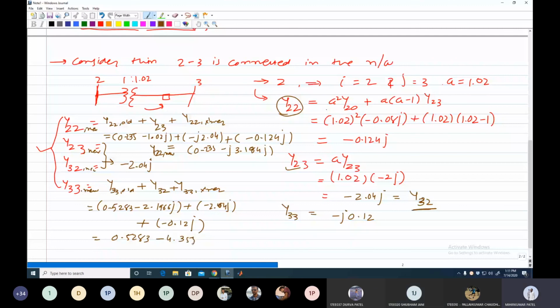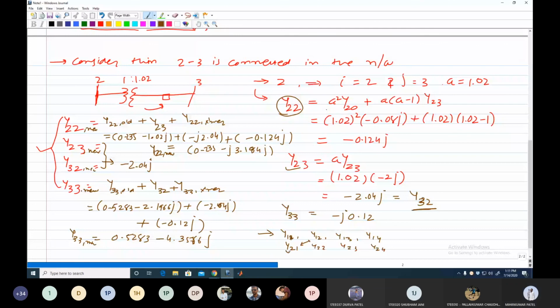So no need to write down the whole matrix. You just write down all the parameters which you have already derived. Parameters of the matrix are y11, 12, 13, 14. Similarly for 21, 22, 23, 24.